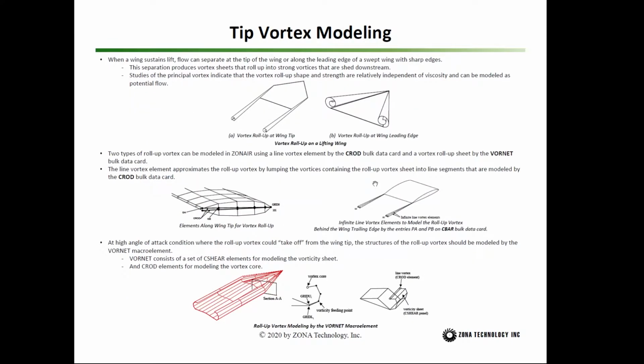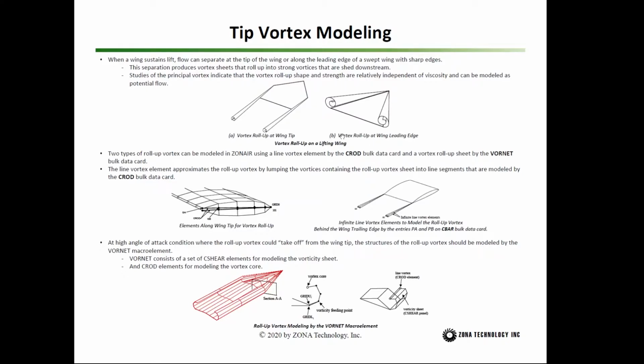And when a wing sustains lift, flow can separate at the tip of the wing and along the leading edge of a swept wing with sharp leading edge. This separation produces a wake sheet that rolls up into strong vorticities and is sent downstream.